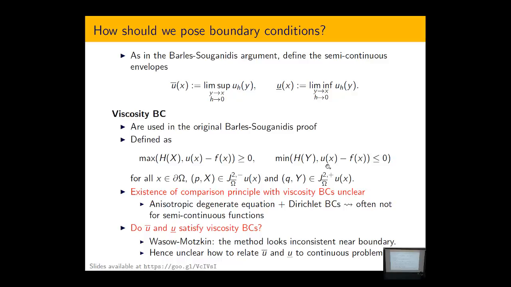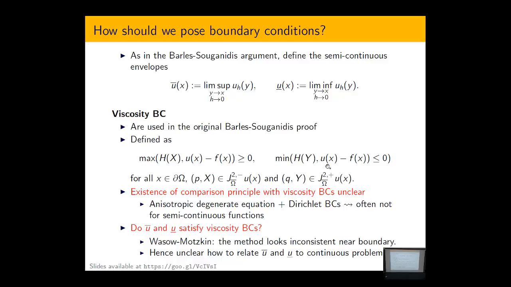And then there's an argument, which by now is a standard argument, which says that this one is a sub-solution and this is a super-solution of the PDE and of the viscosity boundary conditions. Yeah? And then if you have now a comparison principle with viscosity boundary conditions, you actually at this point get an L infinity convergence proof out of it. But the issue is that I rewrote what these viscosity boundary conditions amount to, which is an obstacle problem on the boundary between your operator, this fully nonlinear operator, and the boundary data.